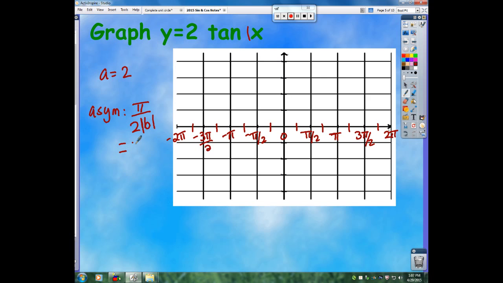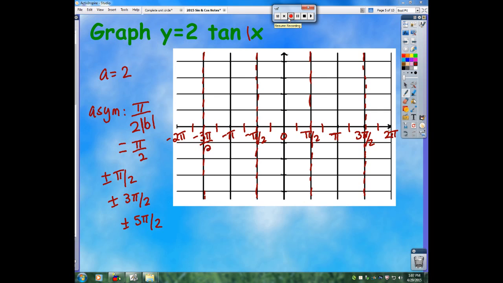So our asymptote is at pi over 2, and all the odd multiples of that, however many fit on our graph. So that means we have an asymptote at pi over 2, at 3 pi over 2, and if our graph continued, at 5 pi over 2. And negative pi over 2, and negative 3 pi over 2.